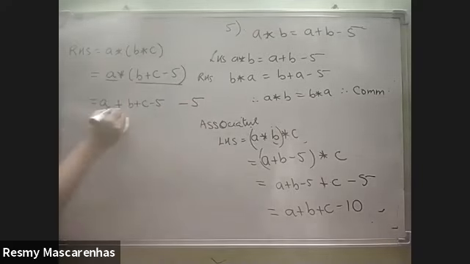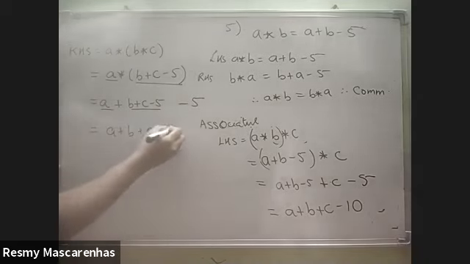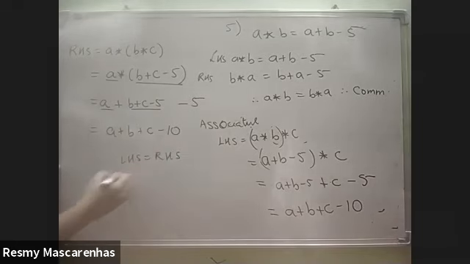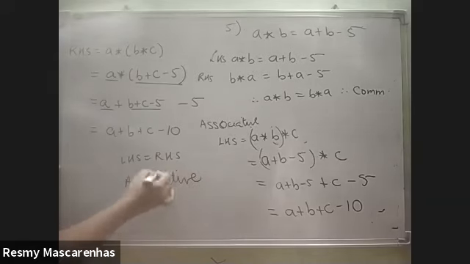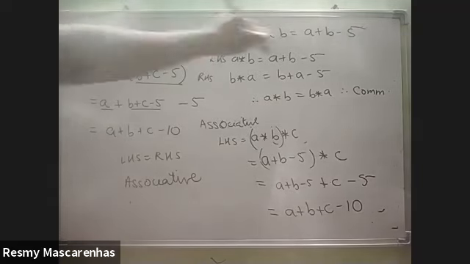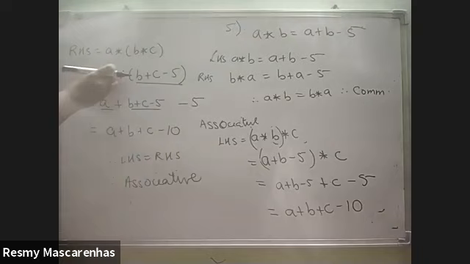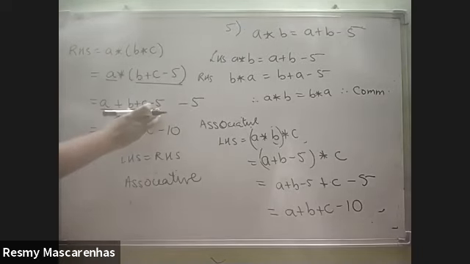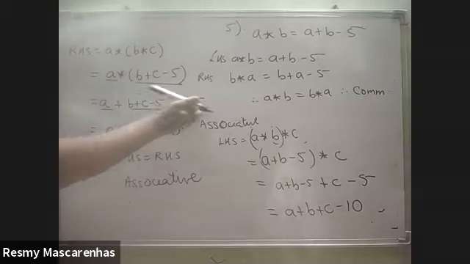First term, second term, A plus B minus 5. So again same answer we will get. So left hand side will be equal to right hand side, therefore associative. Just have to refer this main formula and accordingly take first term as A, second term as B and just substitute A plus B minus 5.